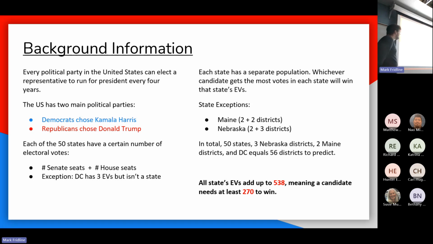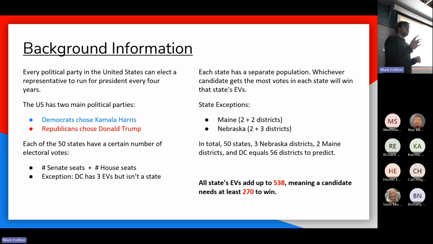With a couple exceptions, Maine and Nebraska, whoever wins the full state gets 2 electoral votes. And then they also have additional districts where whoever wins that district will get an additional electoral vote. So this past election cycle, Kamala Harris got 3 votes from Maine, and Donald Trump got 1 vote from Maine, just because of how it all works out.